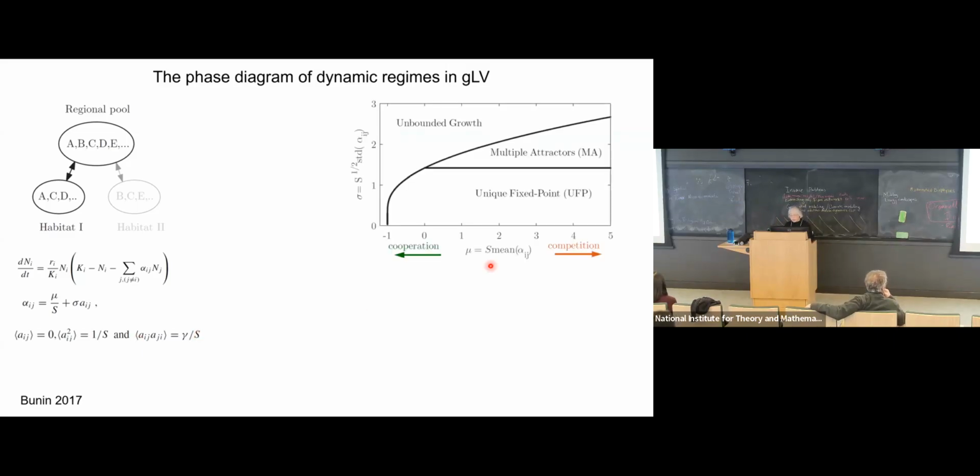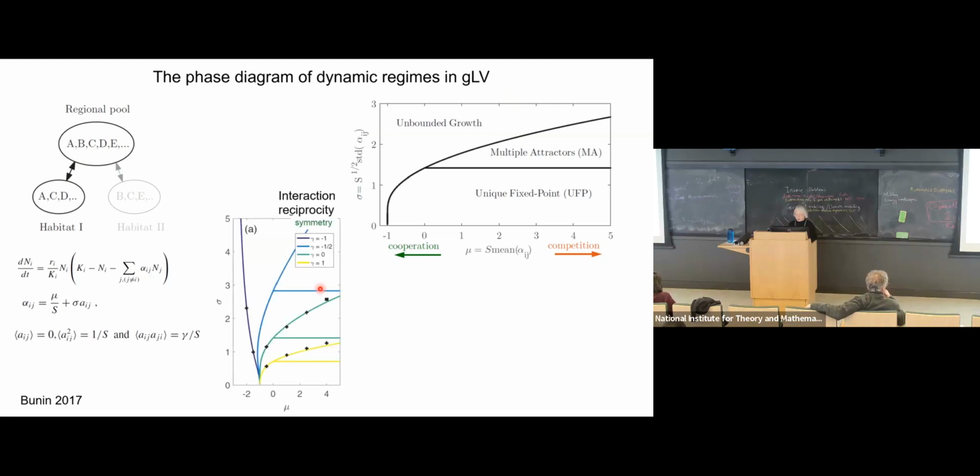This shows the mean and the standard deviation of the interaction strength. You can see the mean is kind of boring. But if you fix the mean interaction strength and look up the interaction heterogeneity, you transition from a unique fixed point to multiple attractors, which can be stable fixed points, chaotic attractors, all sorts of things, and then to unrealistic unbounded growth.